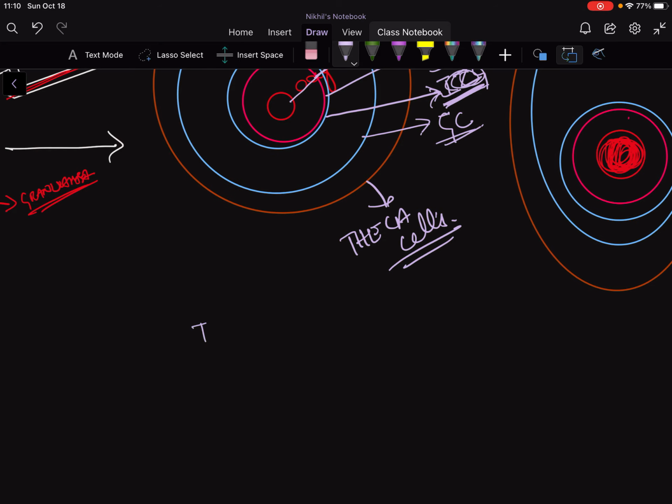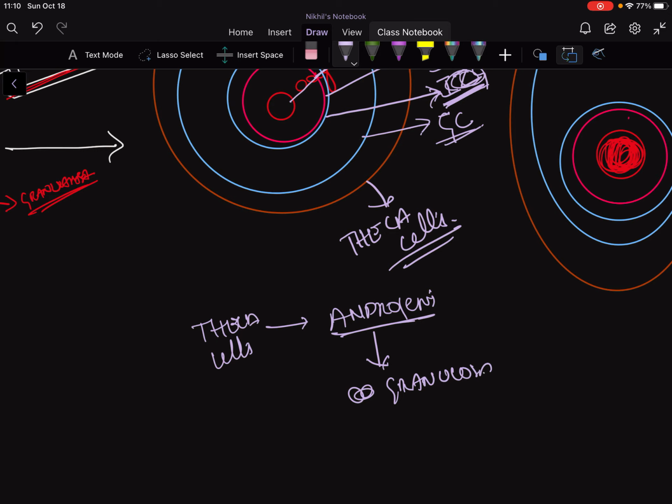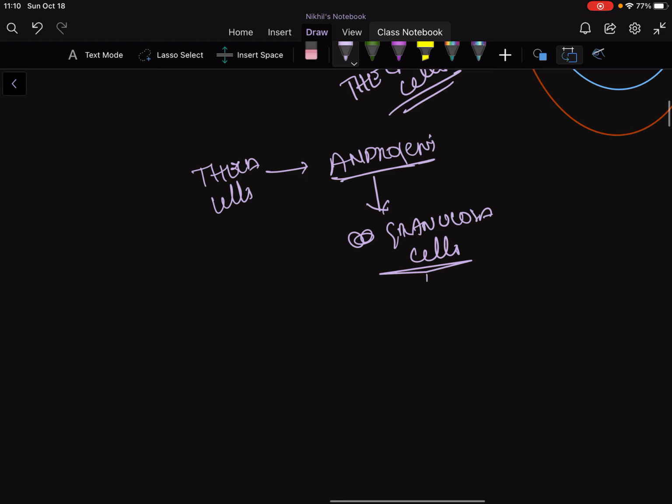Theca cells mainly produce male hormones called androgens, and these androgens are sent to the granulosa cells, and in granulosa cells they are converted into estrogen.